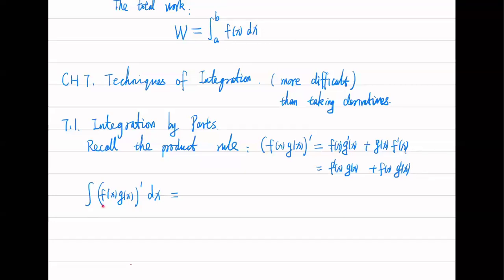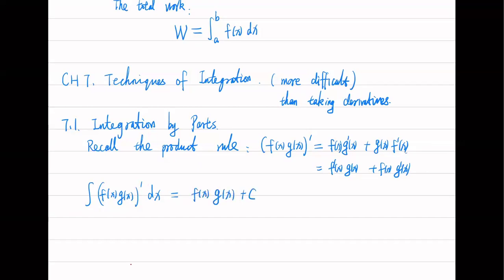So now we have a product. We first take the derivative, then we take the integral. What do we have? Yes, the original thing. That's very nice. The original thing will be f(x) g(x).